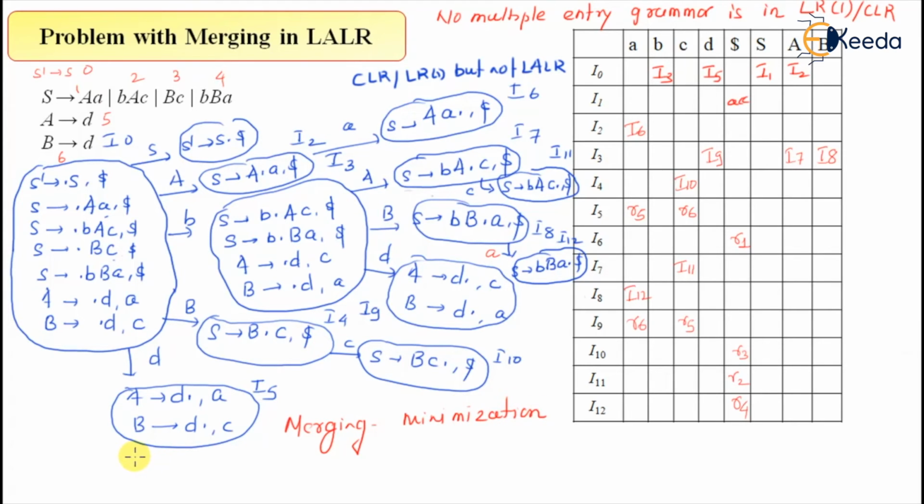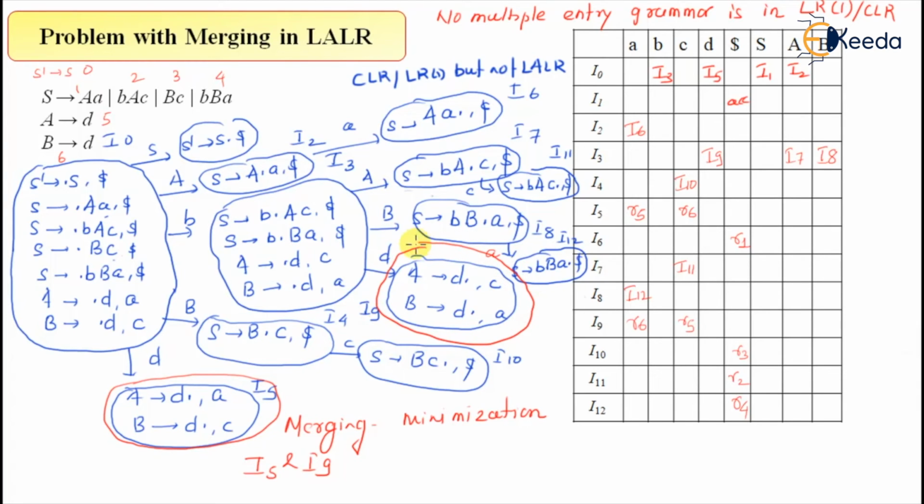So we'll combine the two states which have the same number of items, with the dot in the same position. The only thing that can be different is the follow set. I find only two states that can possibly be merged, and that is I5 and I9. So this state I am putting in a double circle, and this particular state can be merged.